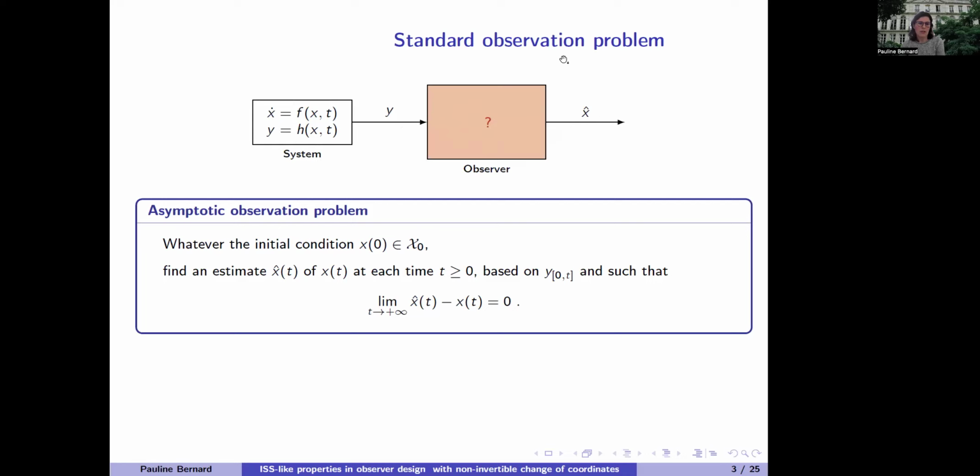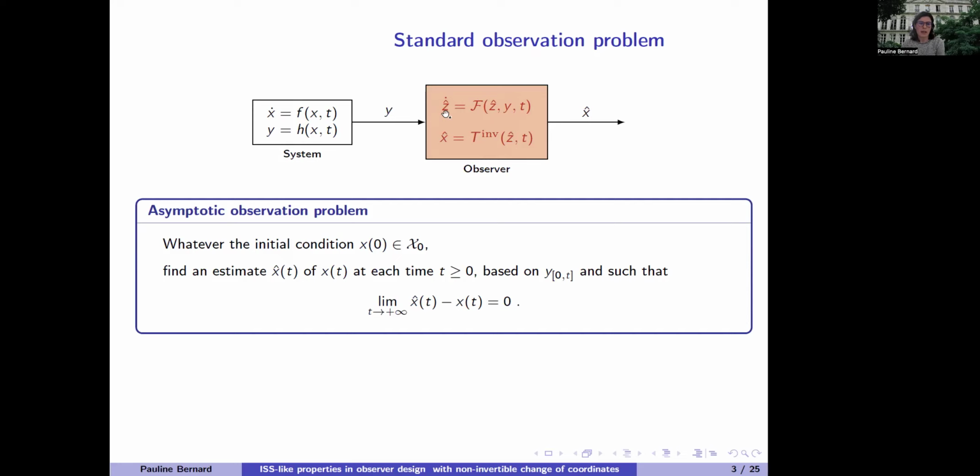More particularly, in the observer setting, we pick this observer as a dynamical system with state z hat, such that when you feed it with the measurement of your system and you compute some kind of nonlinear, potentially complicated map of z hat, you recover your estimate. For those familiar with observer design in linear systems, in that case z hat would just be x hat.